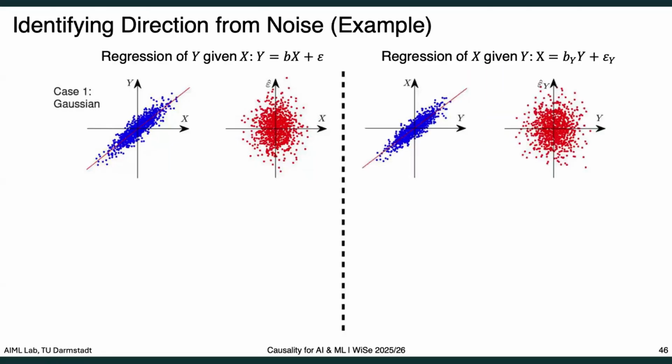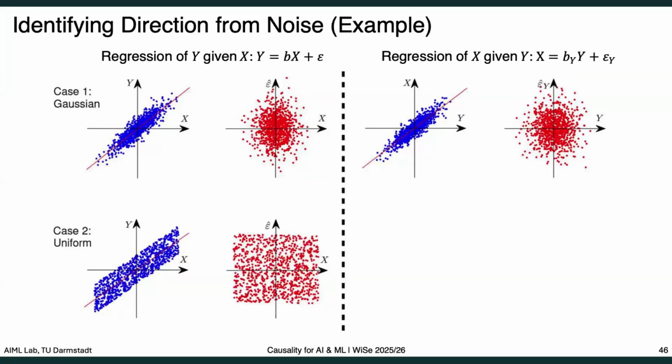Basically the same. Obviously, if the linear function is different, then one might go up, the other might go down. But especially in the noise, not a lot will change here. That's because if we have Gaussian noise, this is more or less symmetric, at least for linear functions.